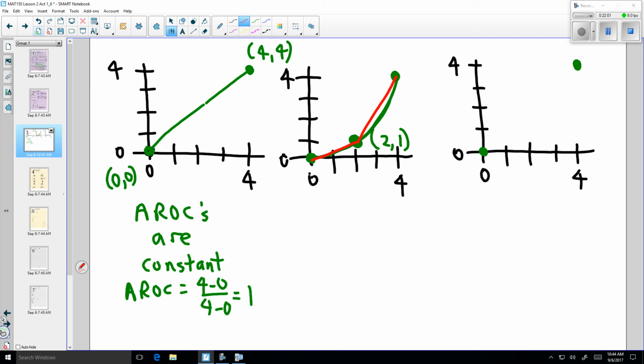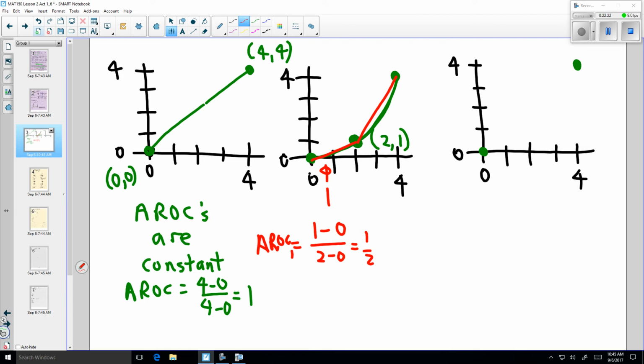So this one is going to be 2 minus 0 over, excuse me, I used the y value. 1 minus 0 over 2 minus 0, or 1/2. So this is the first AROC, we'll call it AROC 1, is 1/2.